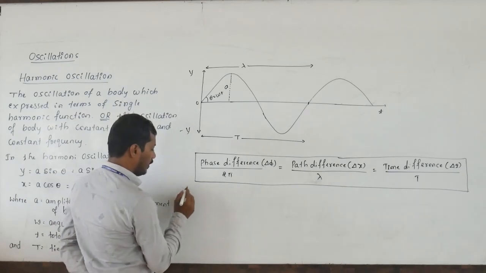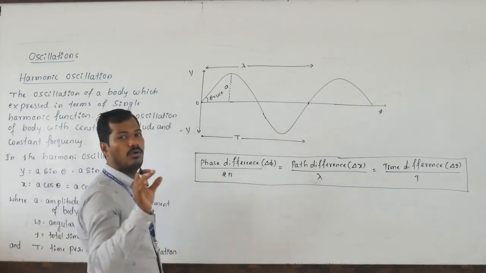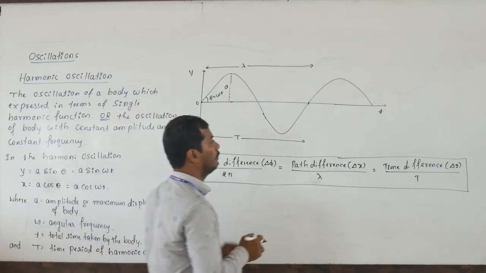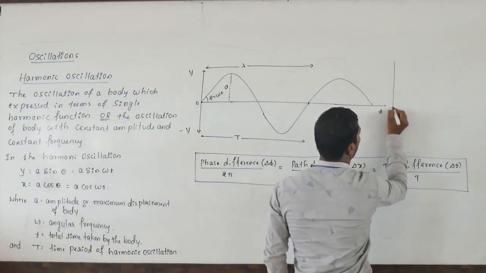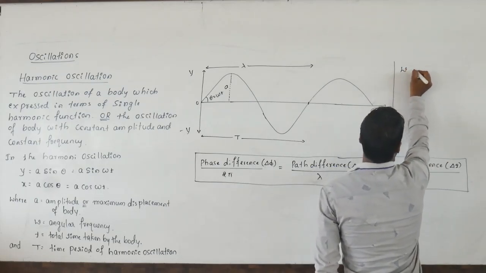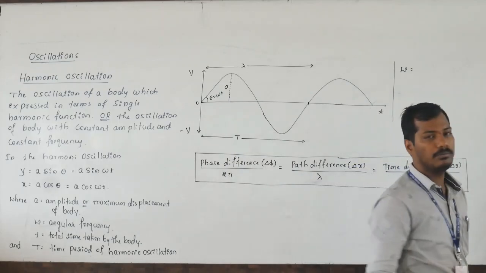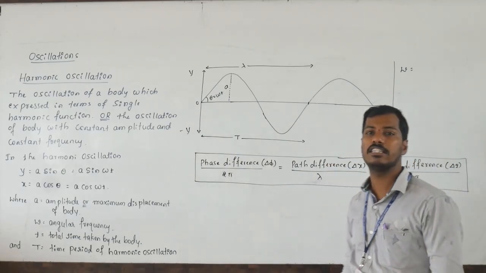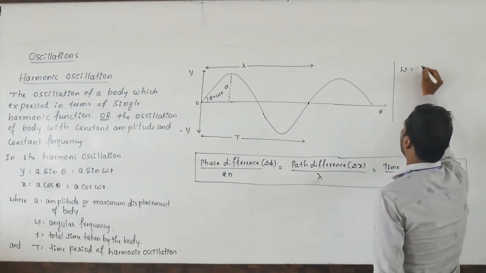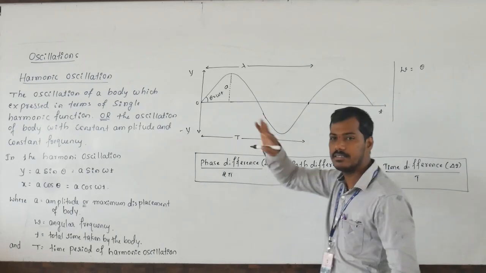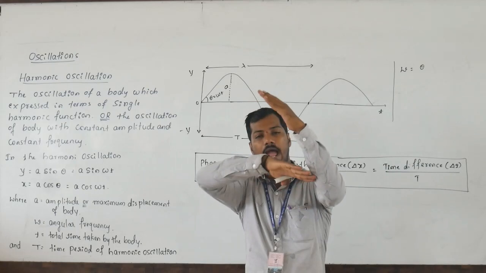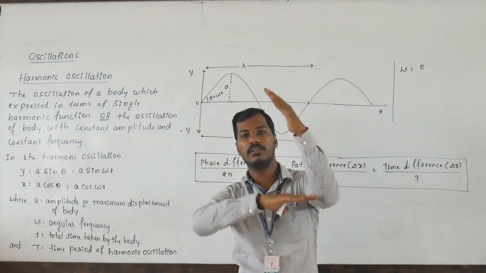Omega is the angular frequency or angular velocity. I'll write it just for reference. According to the definition, angular velocity is the rate of change of angular displacement with respect to time. Call the angle theta. Here the angle at the center is continuously changing.